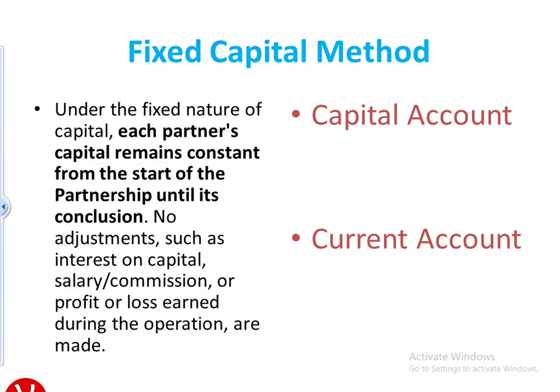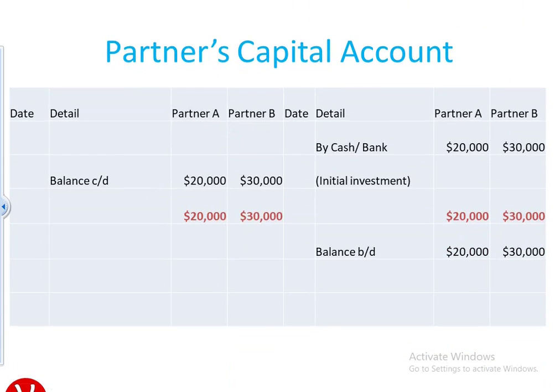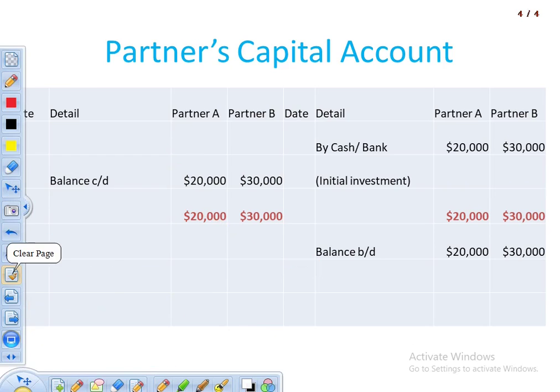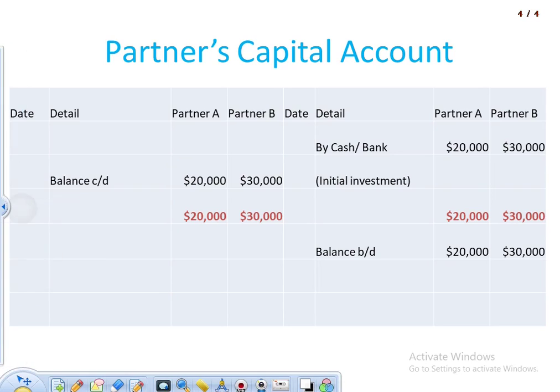In our next slide, this is the partners' capital account. I use the same example. The initial investment was 20,000 for partner A and 30,000 for partner B. So we don't write anything related to drawings, interest on drawings, interest on capital, and things like that.